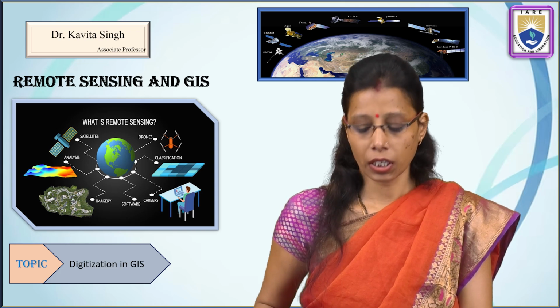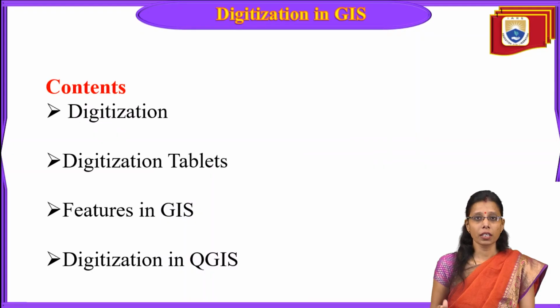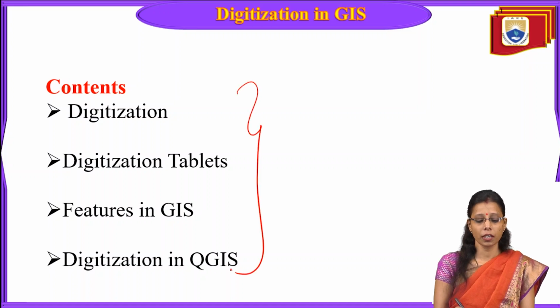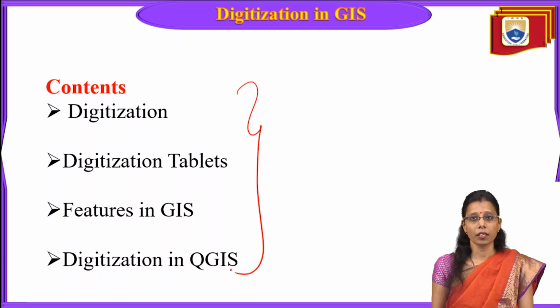So let us start with the contents. Today's contents will be about digitization, digitizing tablets, and features in GIS, and digitization in QGIS. In the previous lecture, we discussed ArcGIS, how it works, and the different windows we use in ArcGIS to prepare a map, in ArcCatalog and in ArcMap.